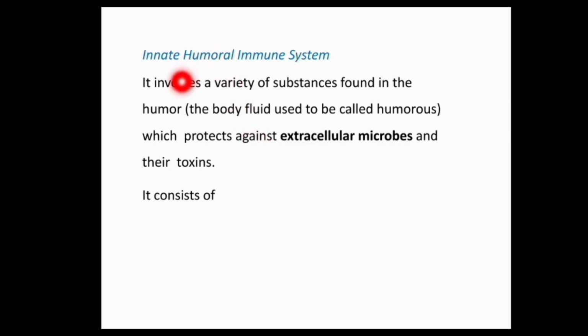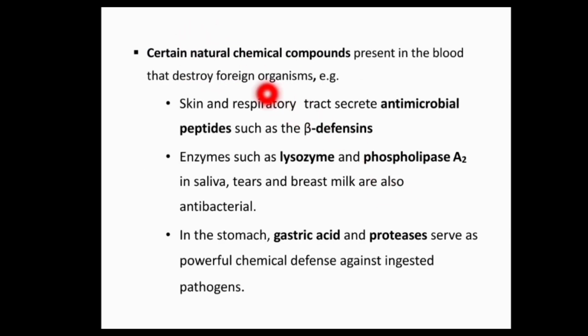Innate humoral immunity means substances which are found in the blood. It consists of certain natural chemical compounds in our body that destroy foreign organisms. First example, the skin and respiratory tract secrete antimicrobial peptides such as beta defensin. The enzymes lysozyme and phospholipase A2 in saliva, tears, and breast milk are also antibacterial.